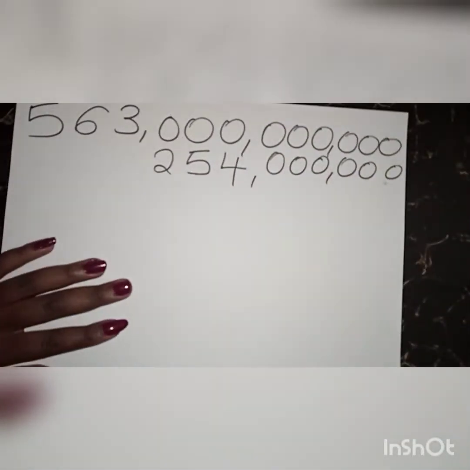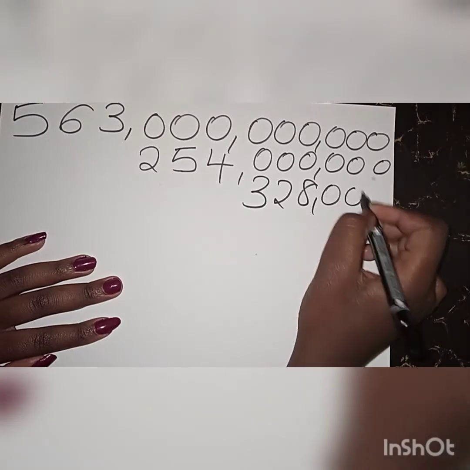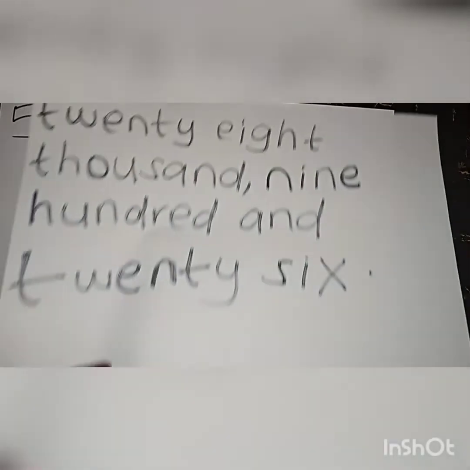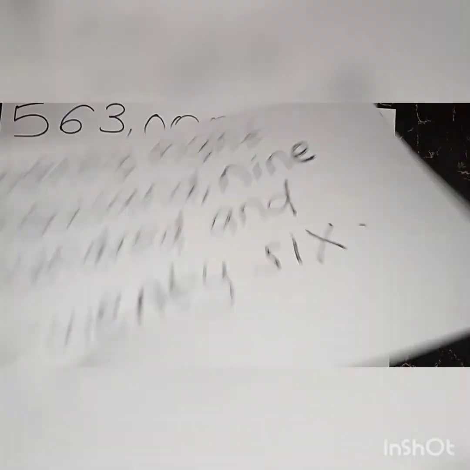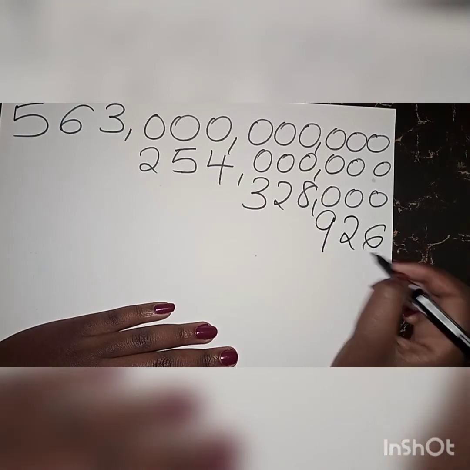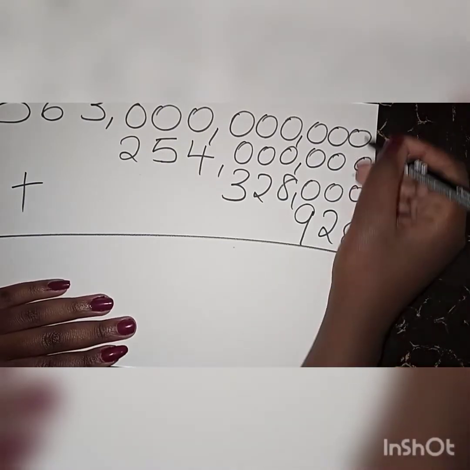328,000. So we'll write our 328,000 here. 926. 926. Okay? So when we add this, what will we get?